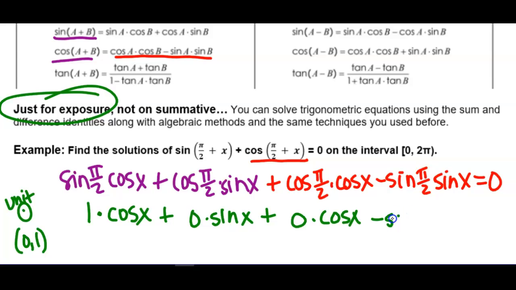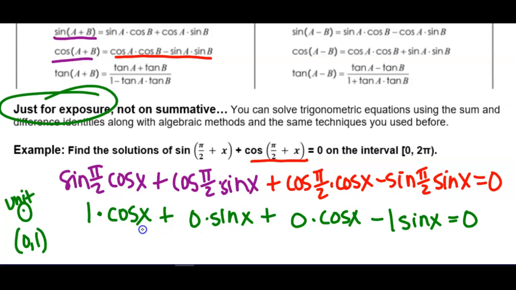Oops, the sine is 1. Did I do something wrong? Let's see. This one was sine, cosine plus cosine, sine, and this one was cosine, cosine minus sine, sine.